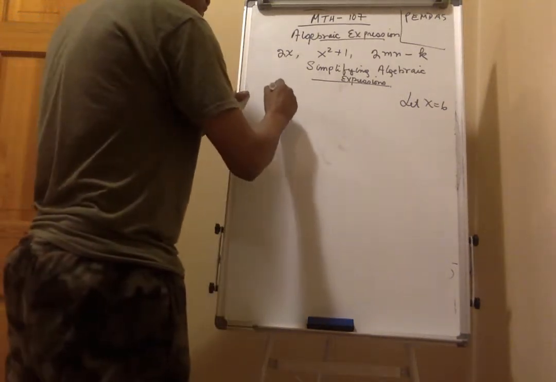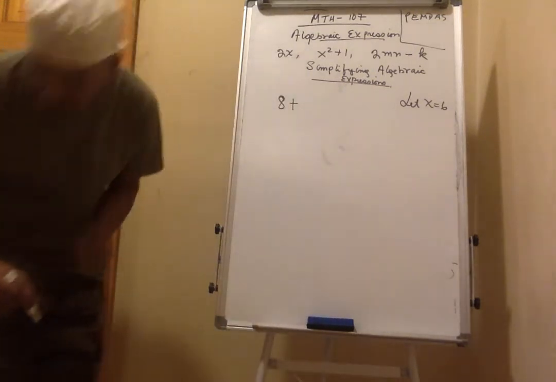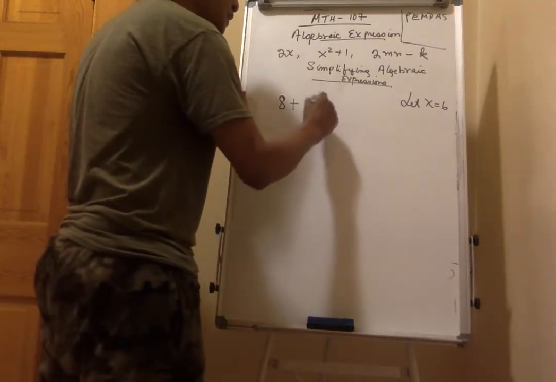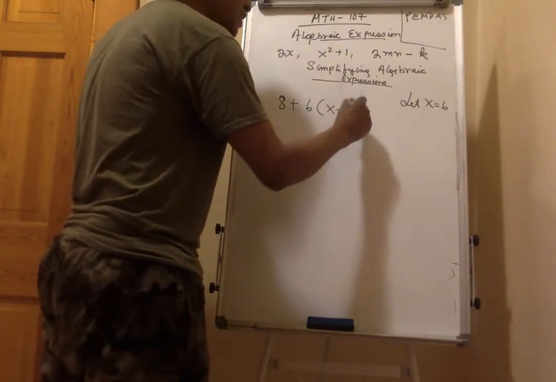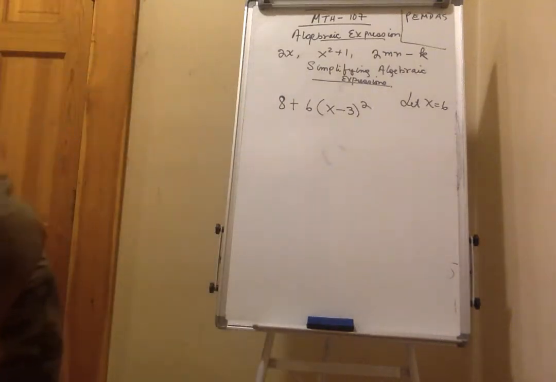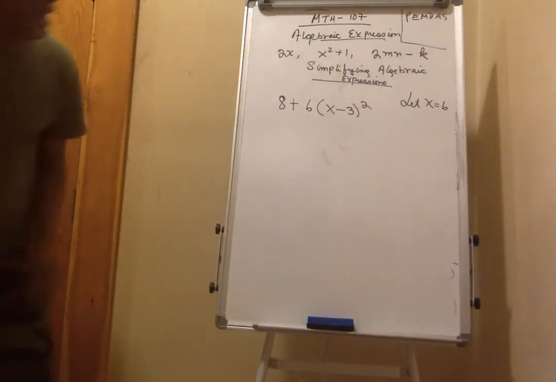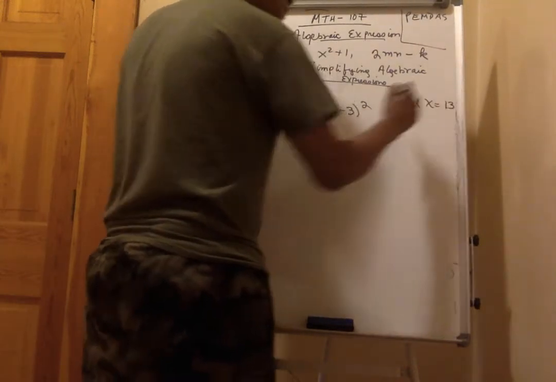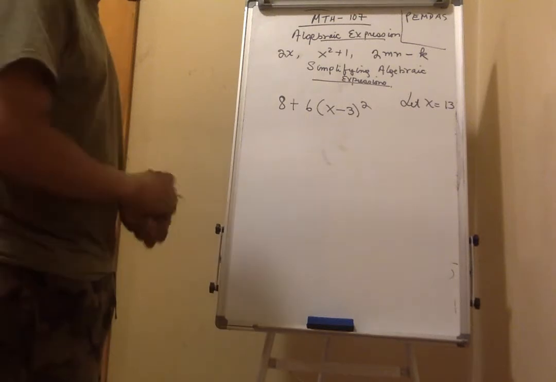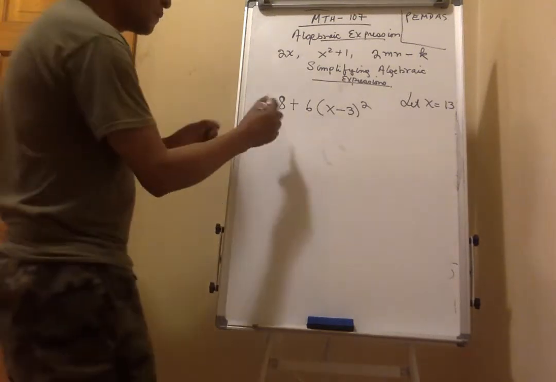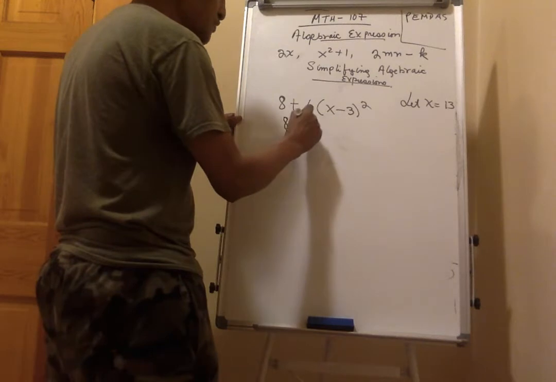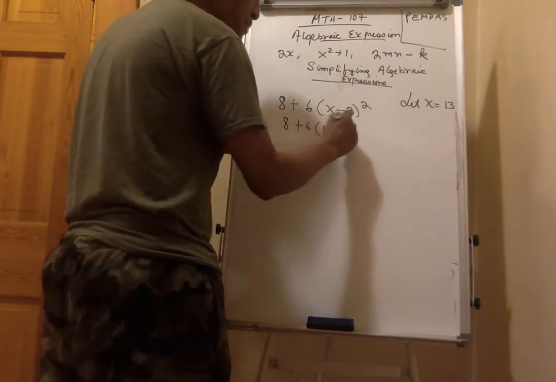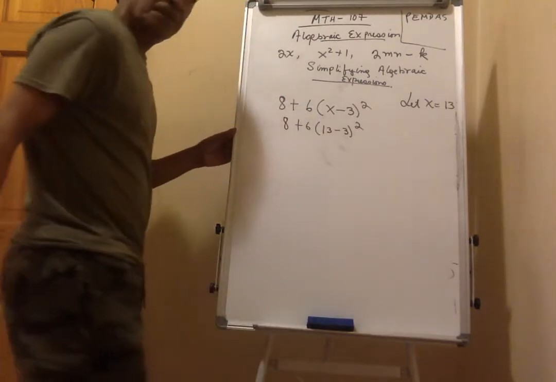Let's do another example of this. Suppose we have 8 plus 6 times (x minus 3) to the second, and let's assume x to be 13, right? Again, as we just did a while ago, we can use 8 plus 6, replace x by 13, so you end up with 13 minus 3 squared.